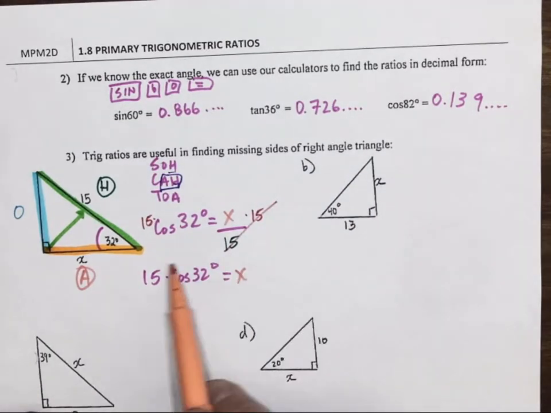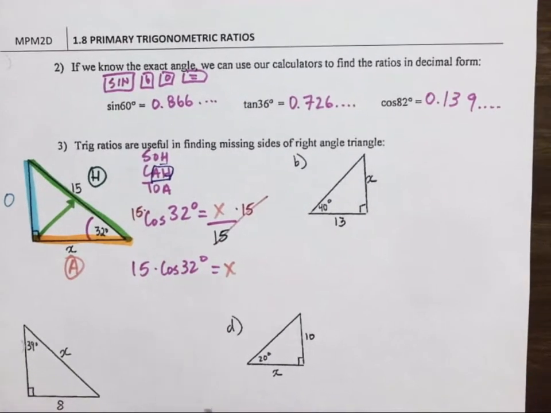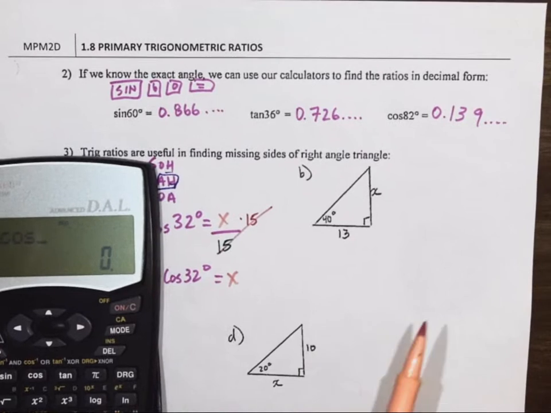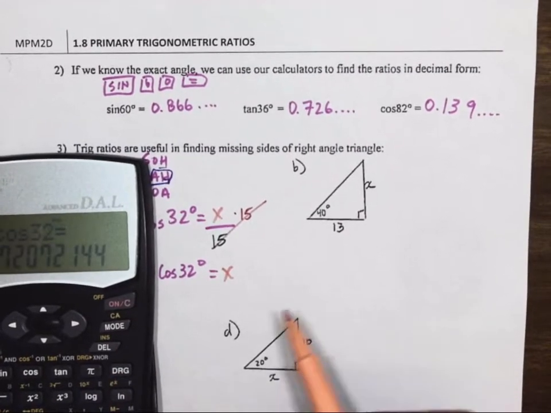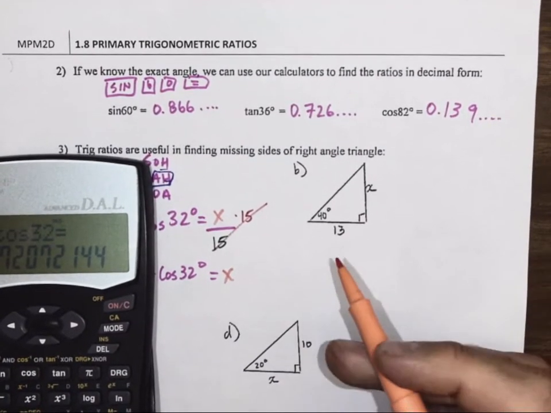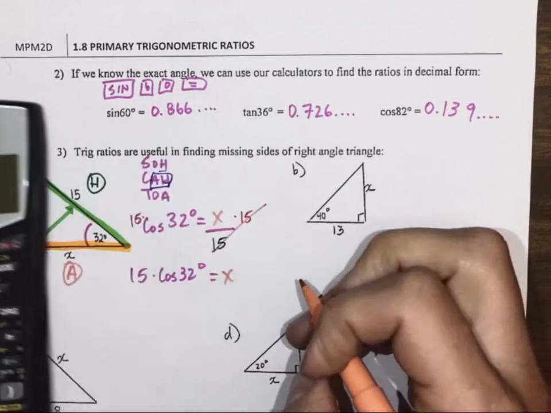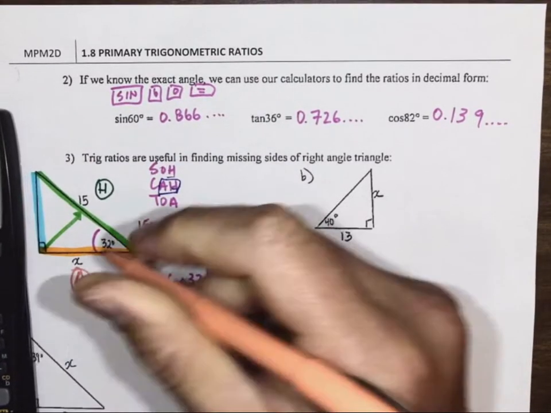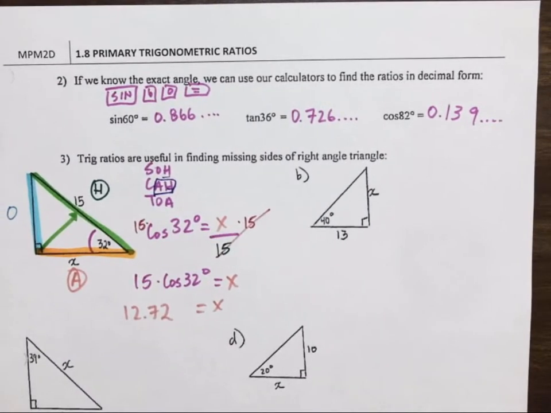I'm going to do all of that in the calculator all at once. So I'm going to go 15 cosine 32, hit equals, and there it is. And let's now round to 2 decimal places, 12.72. And if there's a unit, I can say the unit, and there's the side.